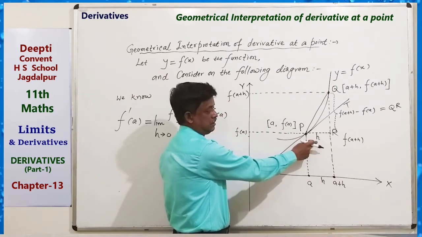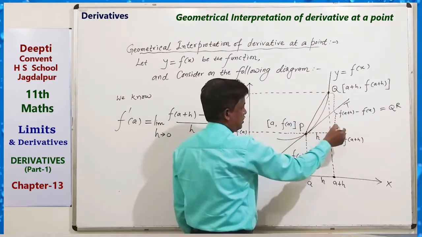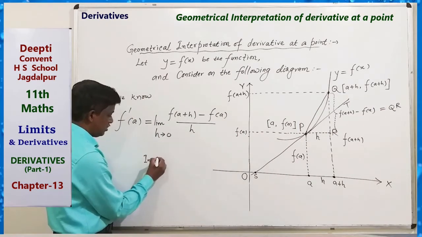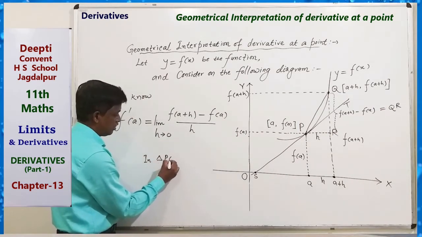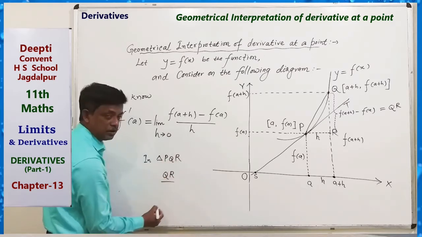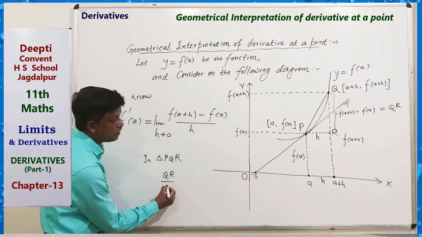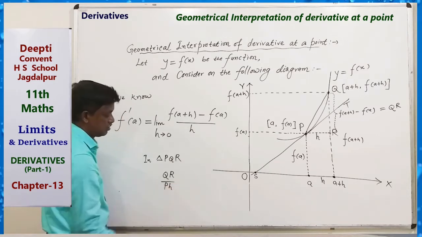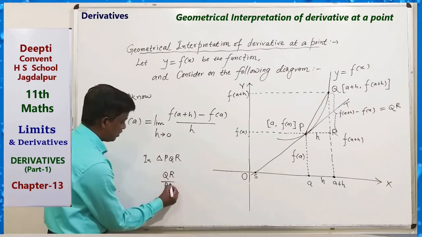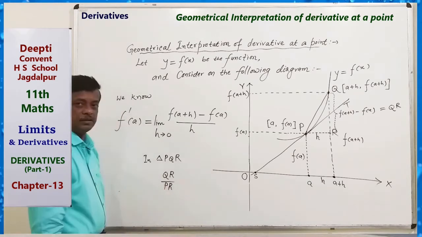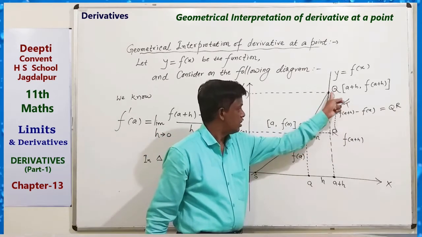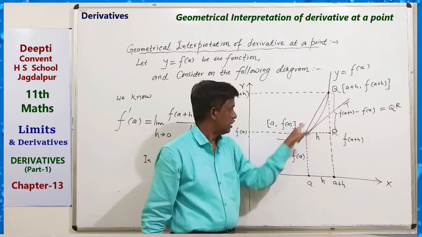And in this triangle PQR, QR divided by PR, this is QR by PR in the triangle PQR.